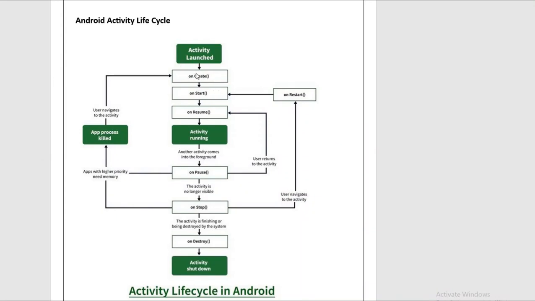The very first method is the onCreate method. This onCreate method is mandatory to override. Whenever you are writing any activity code, it is mandatory to override onCreate, and the execution of this method is mandatory also. The onCreate method will be executed once only. If you open some application and that application is opening some activity, onCreate will be executed once.